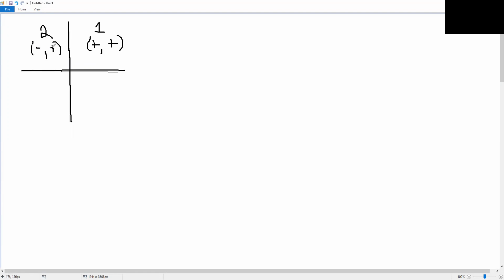So negative x, plus y. And then quadrant 3, you'll have both negative. In quadrant 4, you will have a positive and a negative. So these are the quadrants of the Cartesian plane.